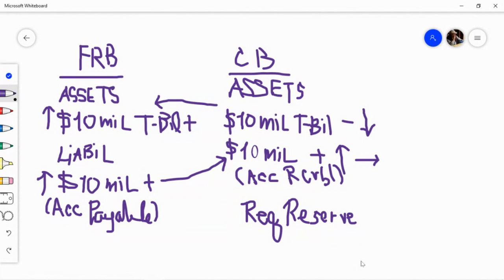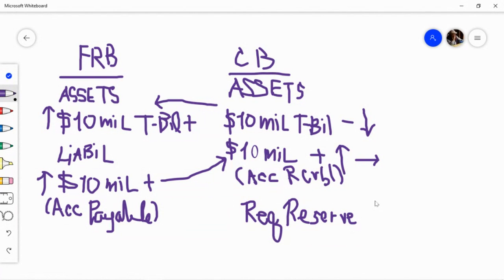So there is a reserve requirement, and the U.S. used to be 10%. Now it's 0%. But let's say in a normal situation, they have 10 million of excess reserve. They have already met the required reserve.